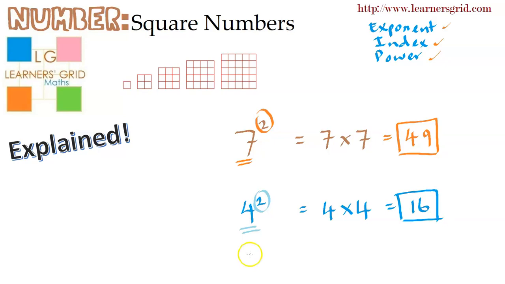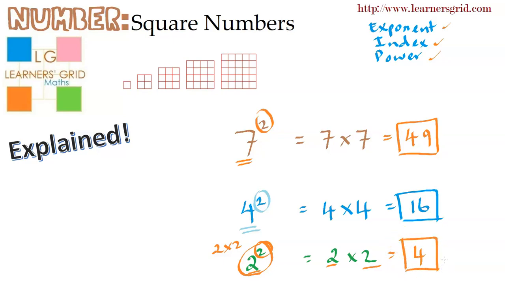If I was to write, let's say, 2 squared. Yep, it's 2 times 2, but not because it says 2 squared. This doesn't mean 2 times 2 necessarily. This just means that 2 needs to appear twice in the multiplication equation, and there we have 4. And as we've already seen, 4 is a square number.